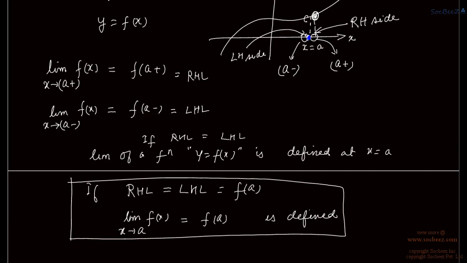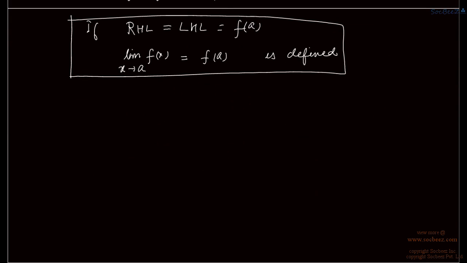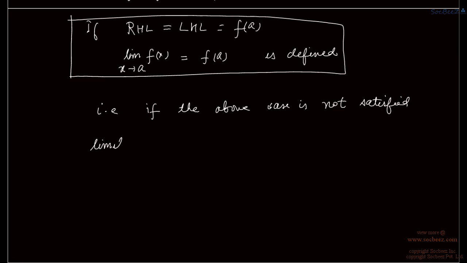Okay, and say if this is not the case, that is if the above case is not satisfied, then we call the limit of a function at x is equal to a, that is limit x tends to a for f(x), does not exist or is not defined.